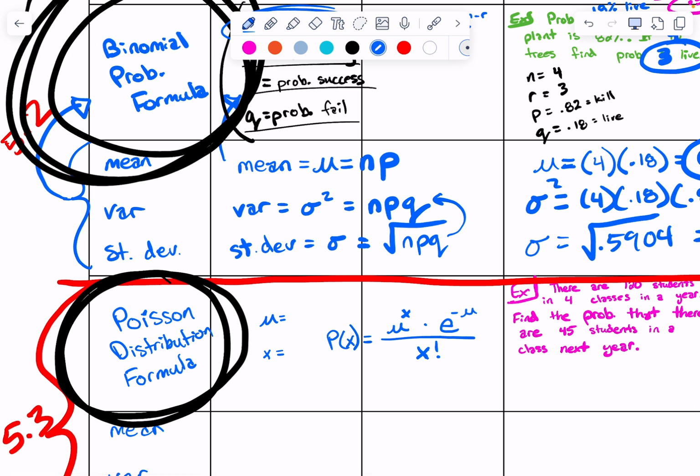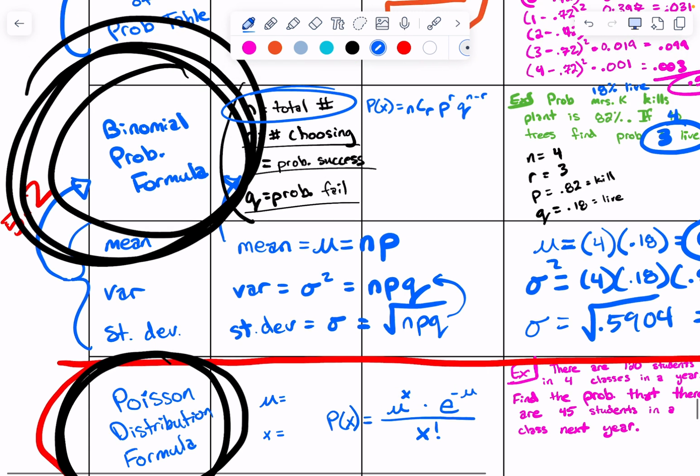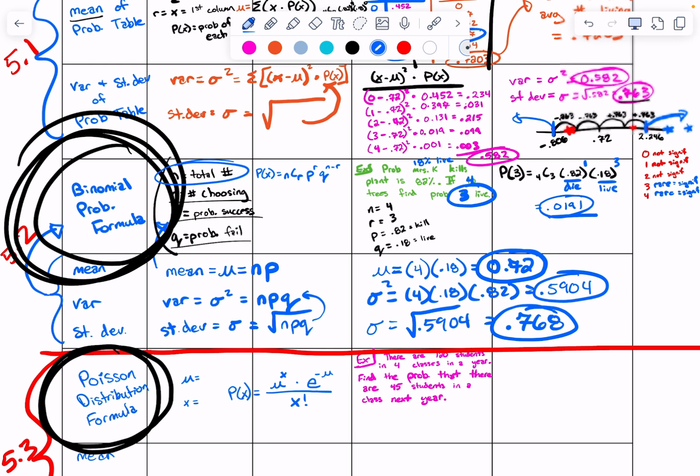They'll say, what's the chances of having 5 hurricanes? Well, we don't know. We don't have an upper limit. We could have 1 million hurricanes. Versus binomial will say, what's the chances that 5 out of the 7 classes do this or whatever, right? So you'll have different variables. Look at what you have, and that will help you decide which equation to go with.